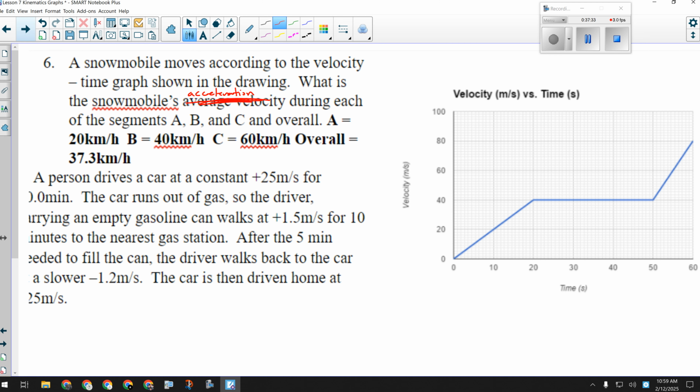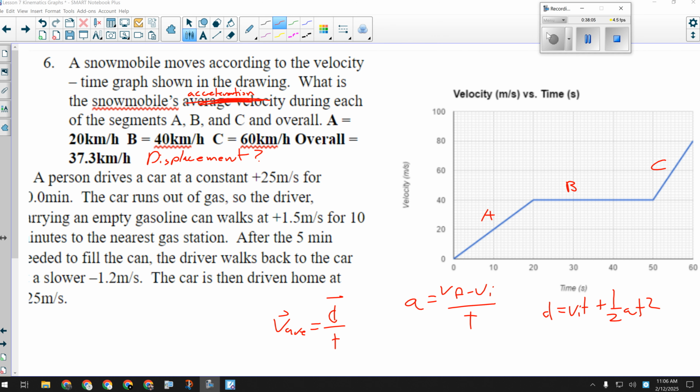This would be segment A, this would be segment B, this would be segment C. And overall, I would also like the total displacement. So average acceleration during each of the segments and over the whole trip, and the total displacement over the entire trip with that irregular graph.